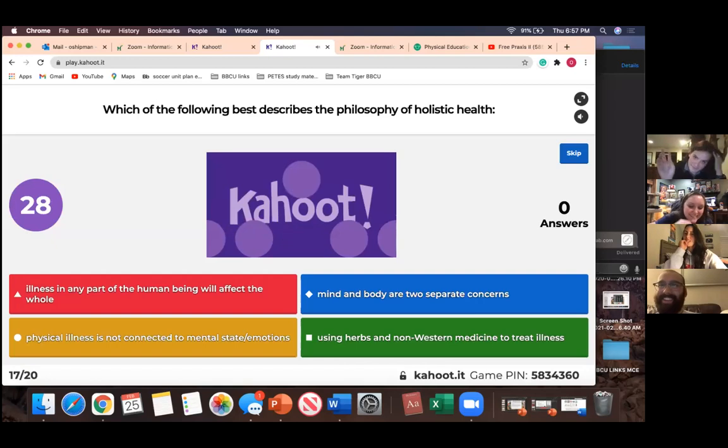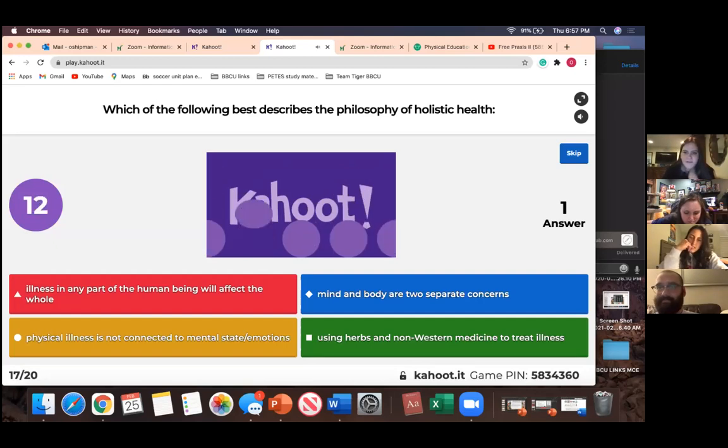Which of the following best describes the philosophy of holistic health? Illness in any part of the human being will affect the whole. Physical illness is not connected to mental state and emotions. Mind and body are two separate concerns. Using herbs and non-Western medicine to treat illnesses.